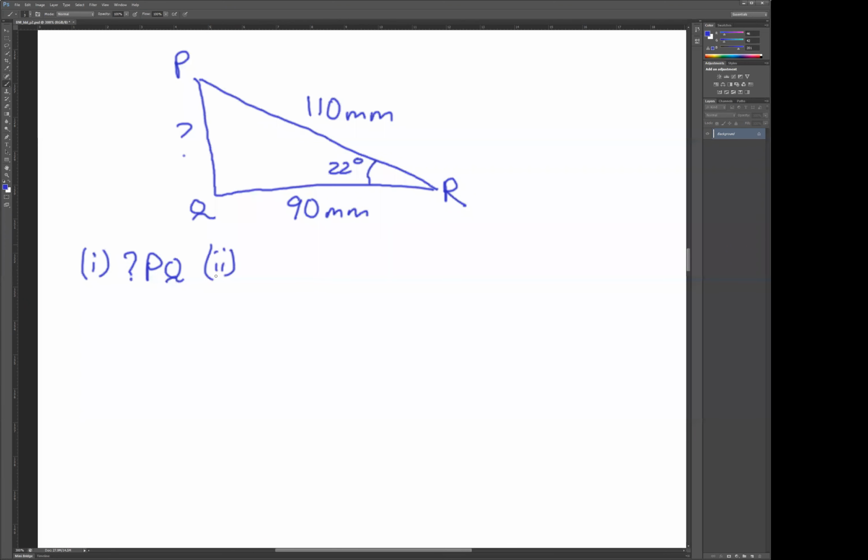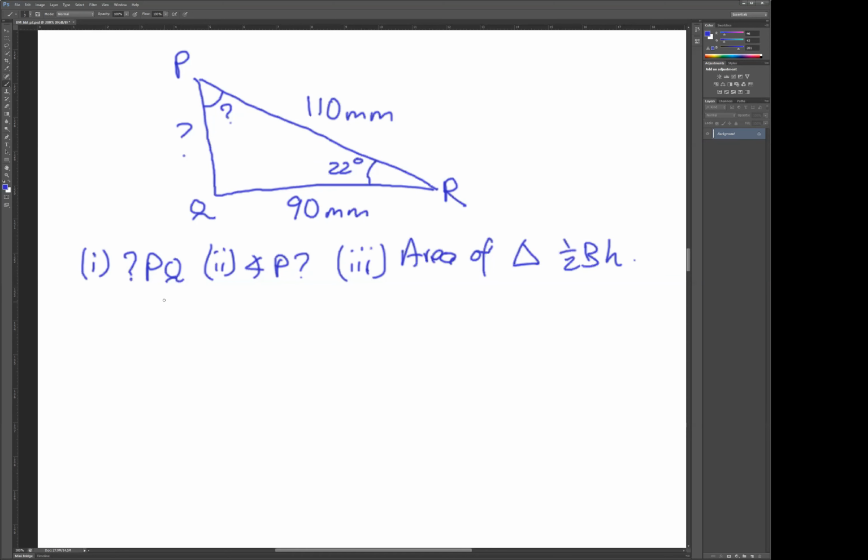Second part, angle RPQ, which is angle P. And then the last part is to find the area of the triangle.